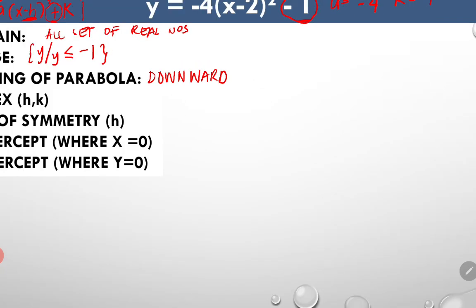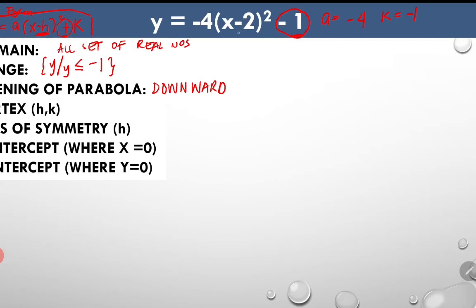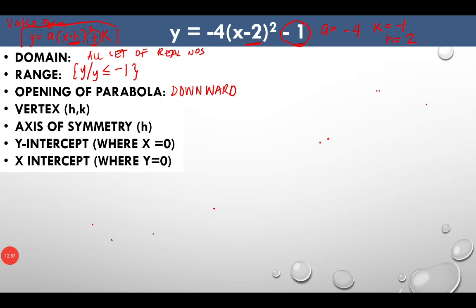Pero si h, since negative, dun mismo sa form, ibig sabihin, kung ano ang sign ni h, papalitan nyo siya baliktad. So, kung ito ay negative 2, si h natin, magiging equals to positive 2. So, magiging, ang h natin is 2. Ang k natin is negative 1. So, that is our vertex.